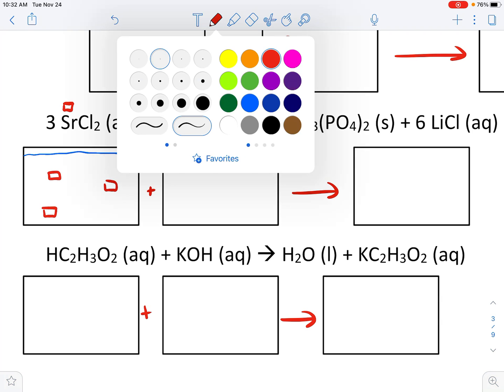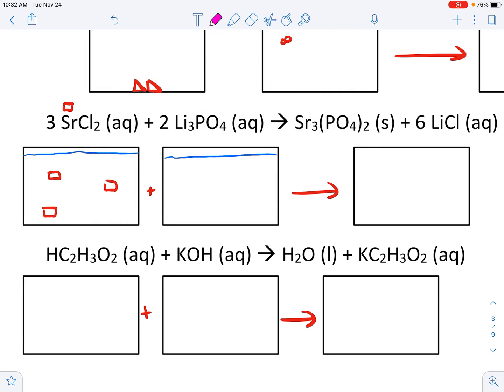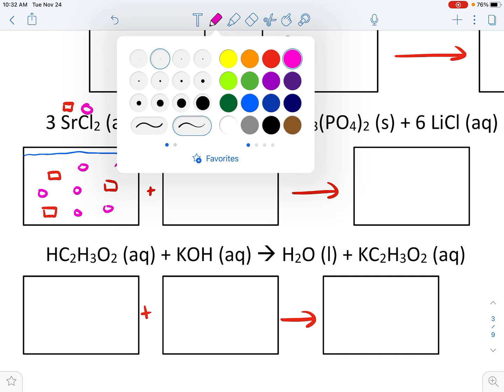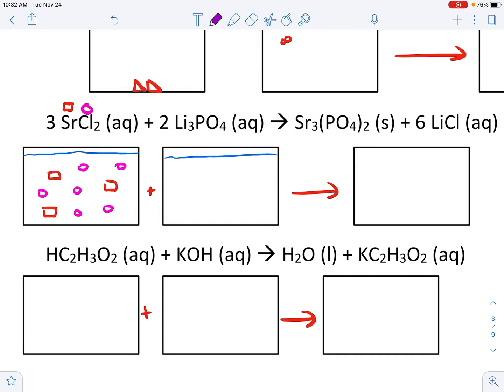All right, let's change colors here. Let's go for Cl2 or Cl. We're going to draw circles. So there are going to be 6 circles, also within that solution. Okay, so let's do the same thing for Li. Pick a new color, and let's go triangle for Li.